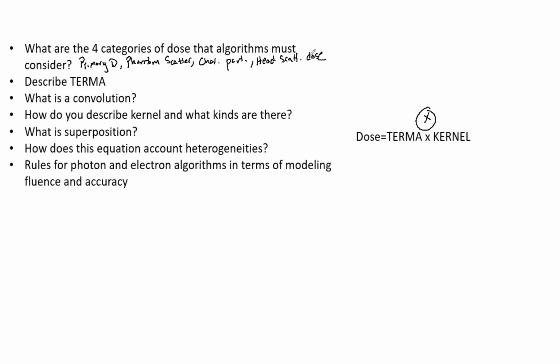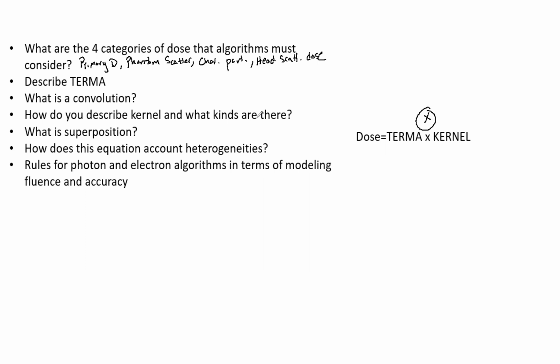So what is terma? Simply, this is just total energy released in matter. This symbol is a convolution. So dose is equal to the terma convolved with the kernel. So what is this convolution? What does that mean then? Convolution is a mathematical operation that shows the overlap between two functions.